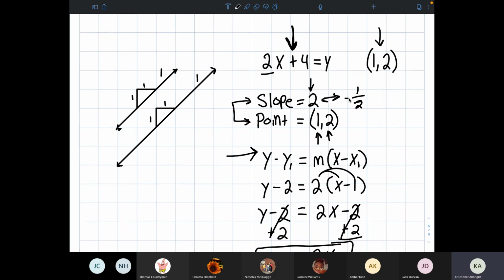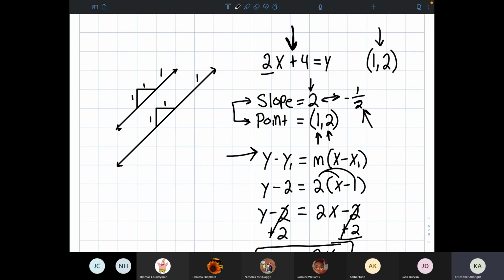So now it's a perpendicular slope. Everywhere here where we plugged in 2, we would plug in -1/2, and it would give us the equation of the perpendicular line. It's the exact same process. You don't have to do anything different after you have changed it like this.